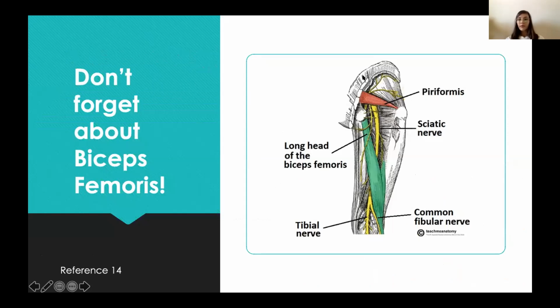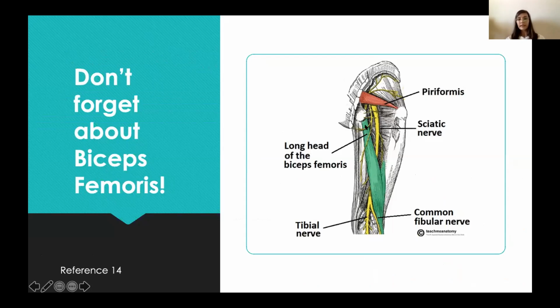And then this picture is kind of similar to the one I showed earlier, but just shows further downstream what you have going on there as far as the hamstring muscles. And specifically, we don't want to forget about the biceps femoris, which does have those two heads.